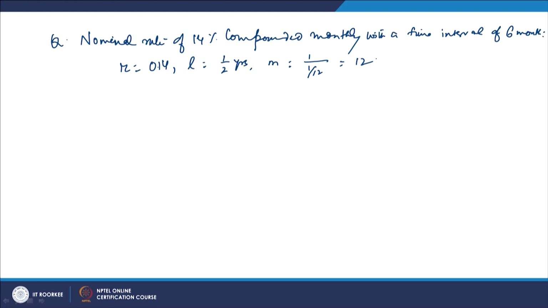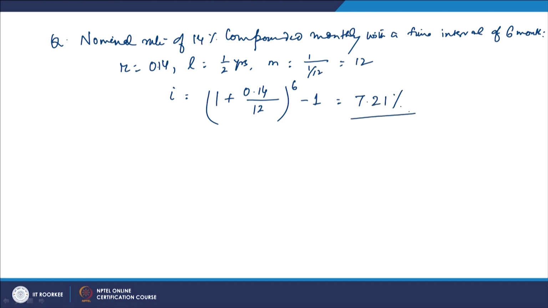Based on that we can find the effective interest, and it will be 1 plus 0.14 divided by 12, raised to the power L into M. So, it is half into 12, that is 6, and then minus 1. So, this becomes equal to 7.21%.